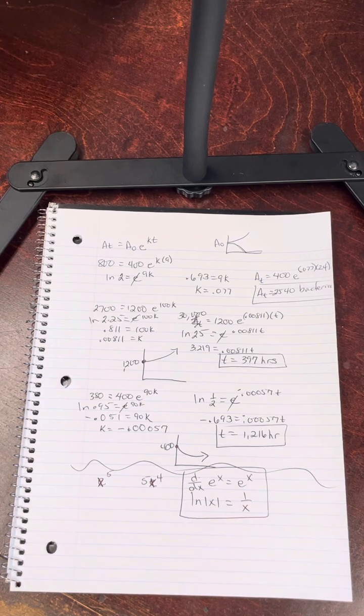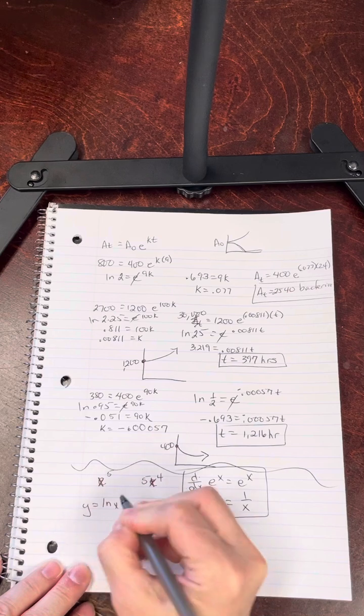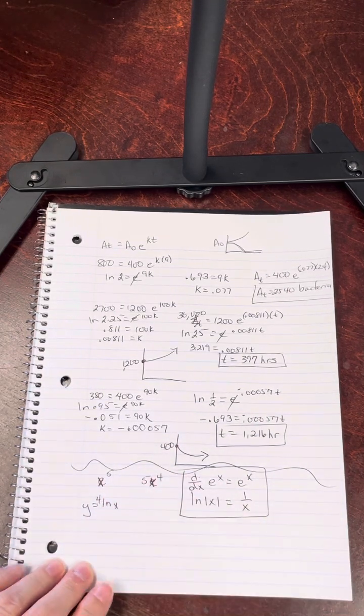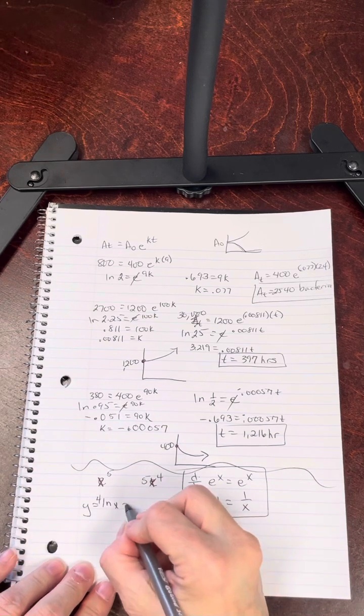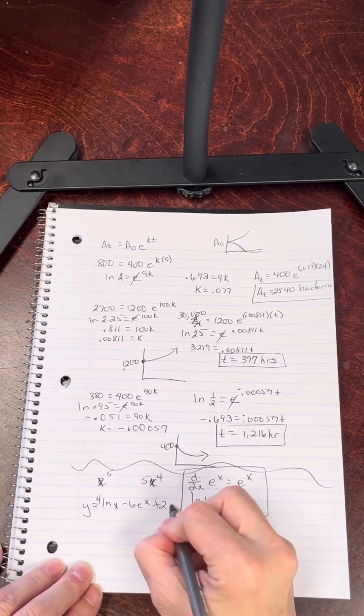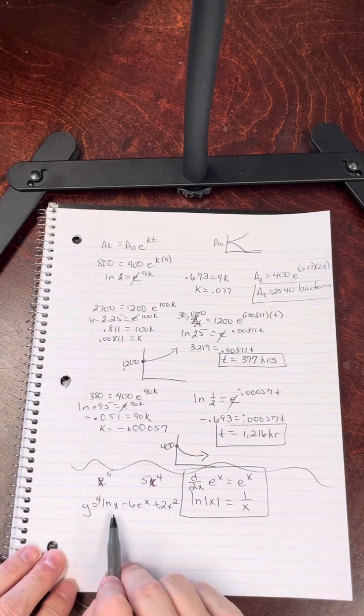In example 1, it asks us to find the dy over dx, the derivative, if y equals 4 natural log of x minus 6e to the x plus 2x squared. So we know from before that we need to do each of these pieces individually.